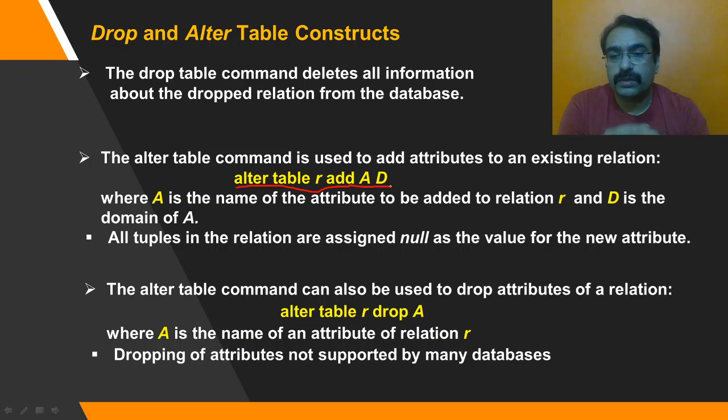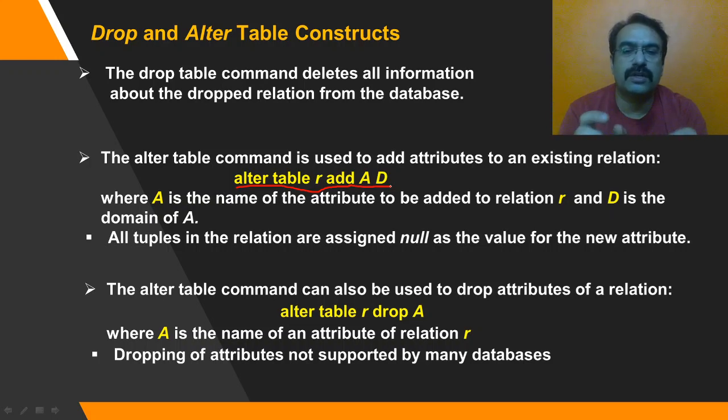Okay, and the alter table command can also be used to drop attributes. If you want to remove some attribute, some column from the table, that is also possible. So alter table R is one command, and the supporting options are add and drop.